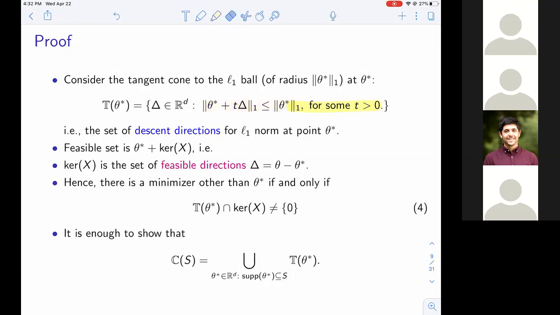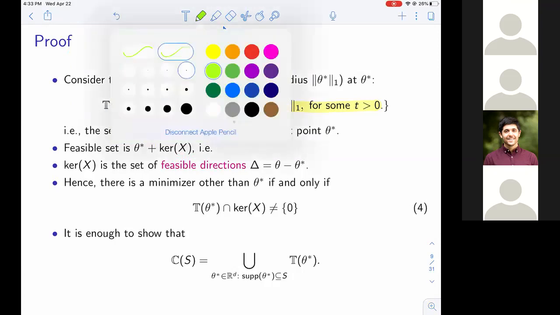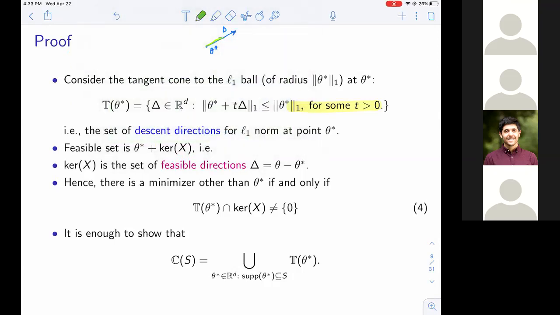Because this condition is saying that if I start at theta star and look at the direction delta, then there exists some t such that if I rescale this delta to be small enough, so this would be t times delta, and then I add them here, at this point the L1 norm is less than or equal to the L1 norm of the one that I started.